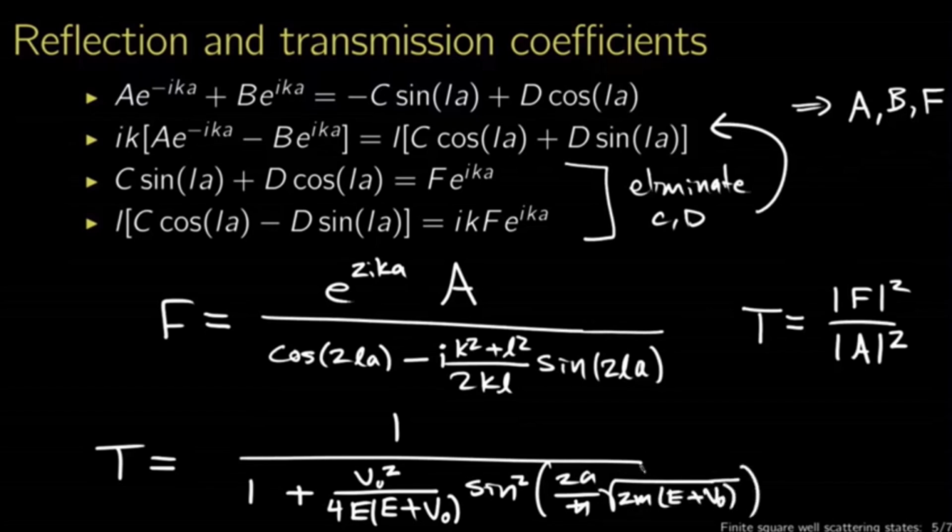Close parentheses, close my sine, everything still in the denominator. This is your expression for the transmission coefficient that you get by solving the system of equations and making the appropriate manipulations, finding absolute magnitudes and squaring them and the like.